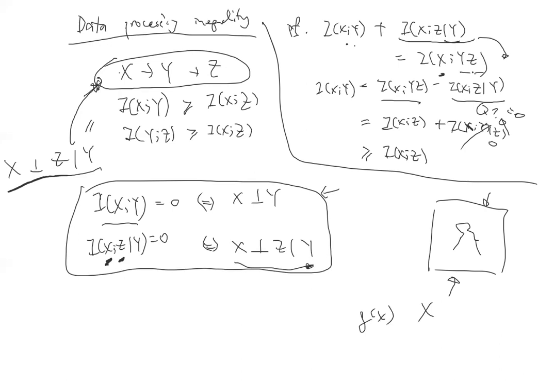And then I want to ask a question, something like whether a particular pixel is a human or not. Then this question will be some kind of variable C here.